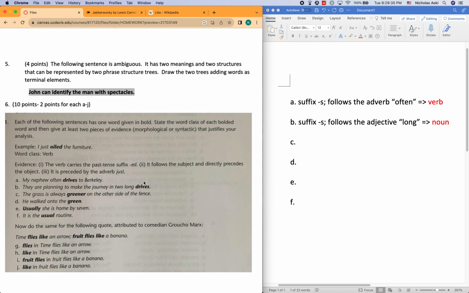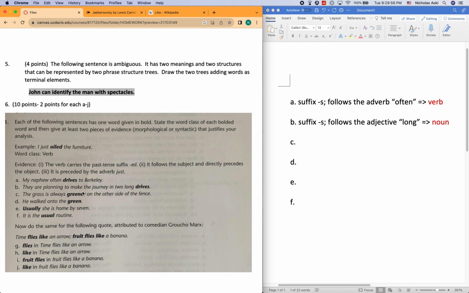Let's move on to letters C and D. So here we have greener versus green. C is, "The grass is always greener on the other side of the fence." D is, "He walked onto the green." So in C, the suffix er is often associated with adjectives.